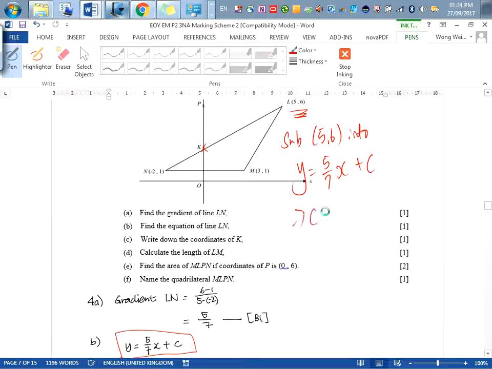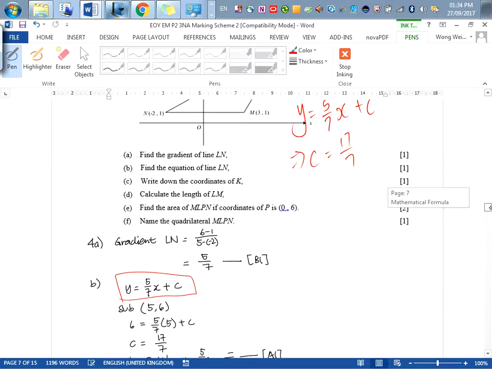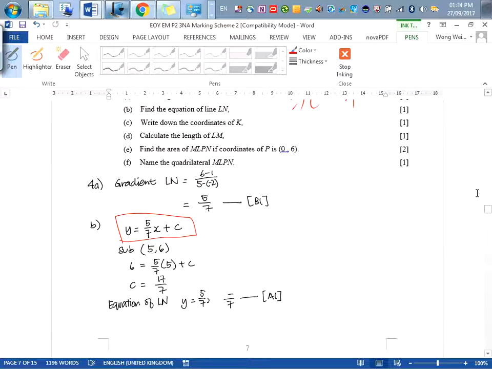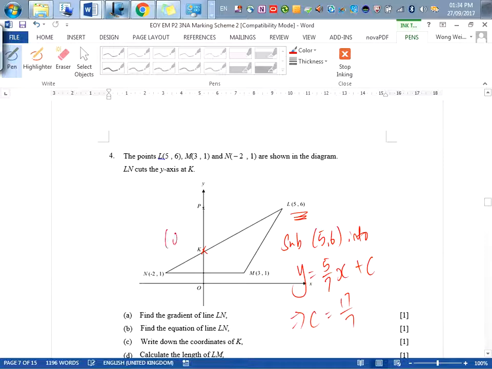Therefore, c is equal to 17/7. Okay, c is 17/7, and that is also our y-intercept. So this must be (0, 17/7). Okay, that is the value. Those are the coordinates for K.